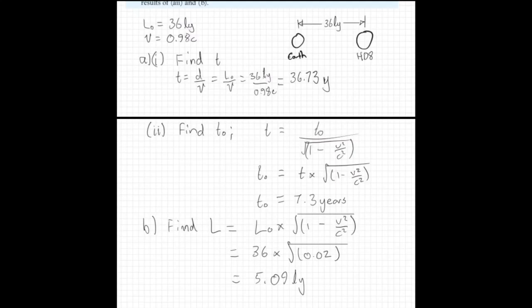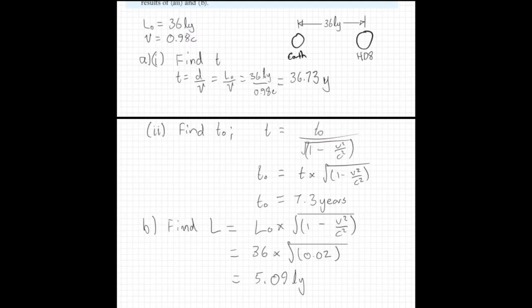Did I do something wrong? So 1 minus, oh, right, sorry, 0.98 has to be squared first. 0.98 squared is 0.9604, so 1 minus 0.9604. Right you are, I have made a mistake.